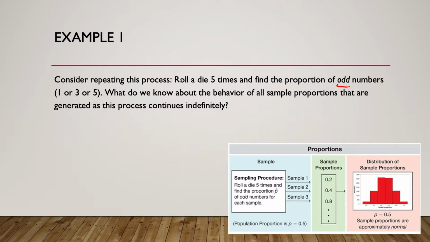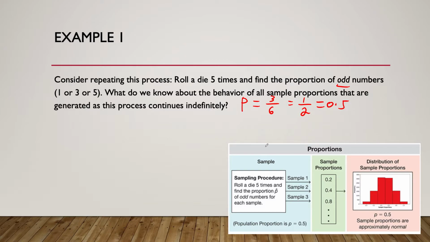Well, if you look at all 6 sides of the die, a total of 3 of those are odd. I have a total of 6 sides. So 3/6 is the population proportion, or we can reduce that to 1/2, or 0.5. Right?